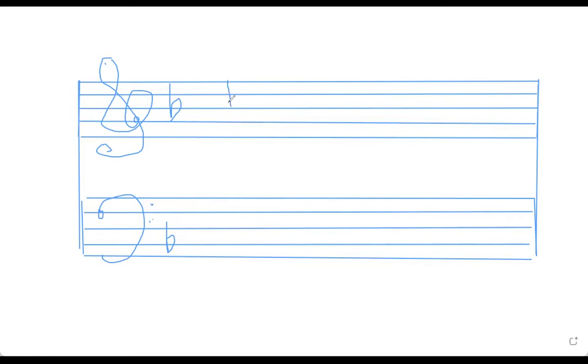Here is a G and a B flat, because this key signature tells us we have to make it flat. So I'm going to play these 2 notes. First, I'm going to play them legato. Again.